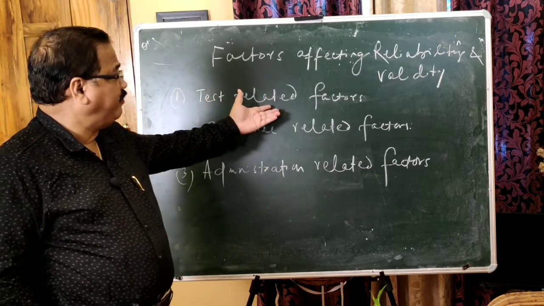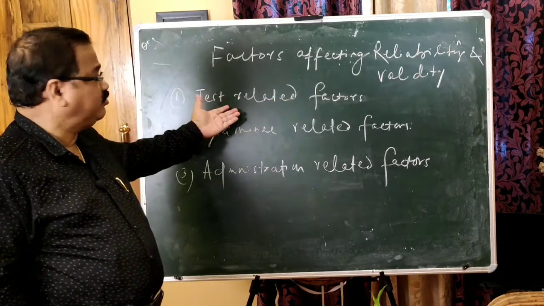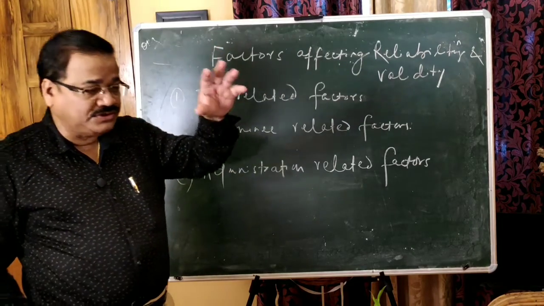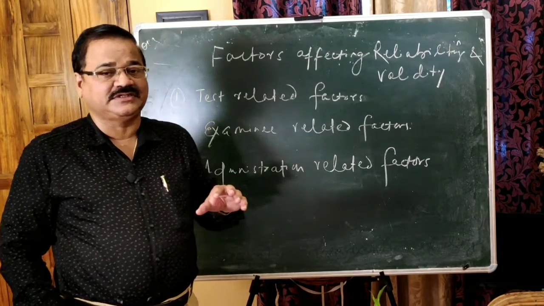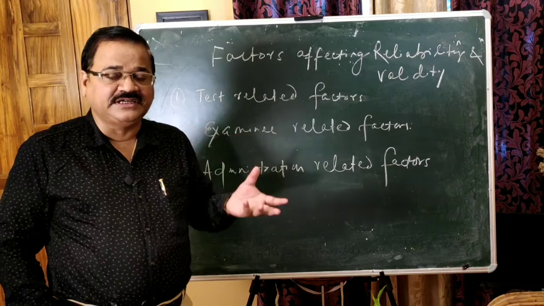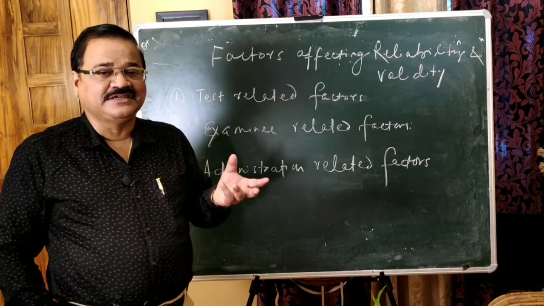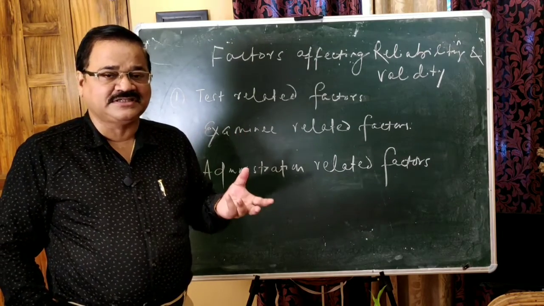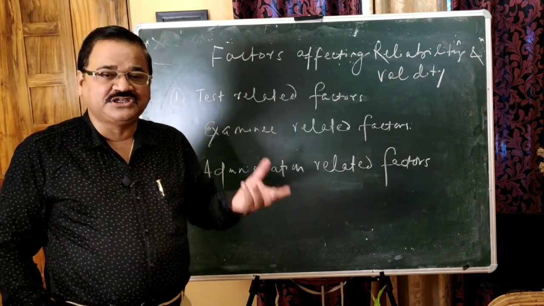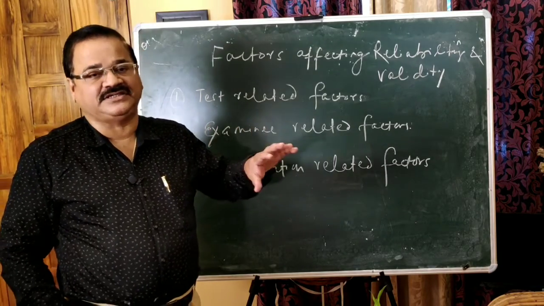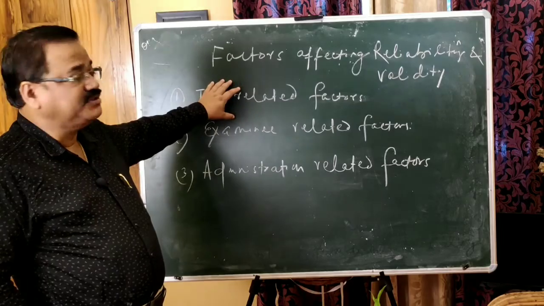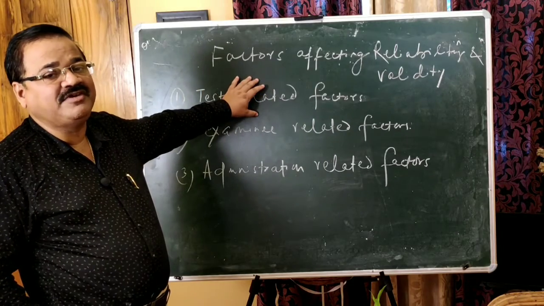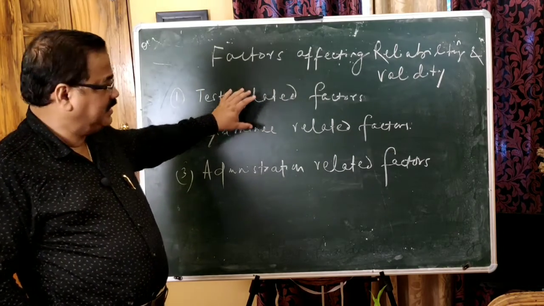There are some factors that are related to the test, the questions, the test items. There may be some difficulty, some ambiguity, some items may be heterogeneous, there may be unclear directions. So there may be various factors relating to the test which influence the test reliability as well as the validity.